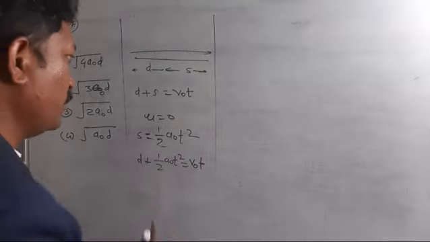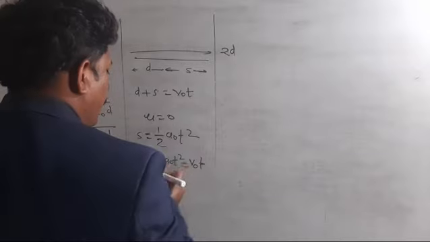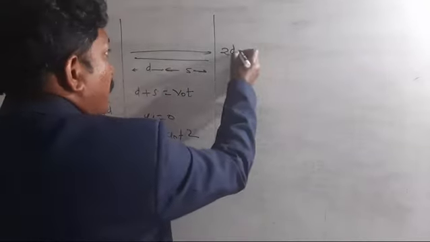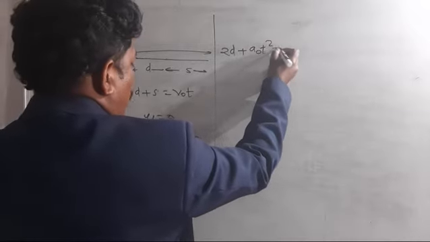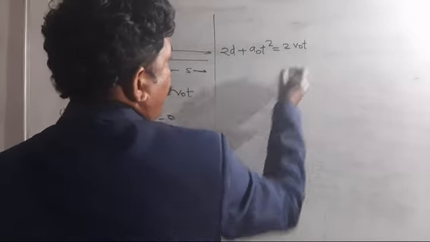Remove these two in this equation, that is 2d plus half a naught t square is equal to 2v naught.